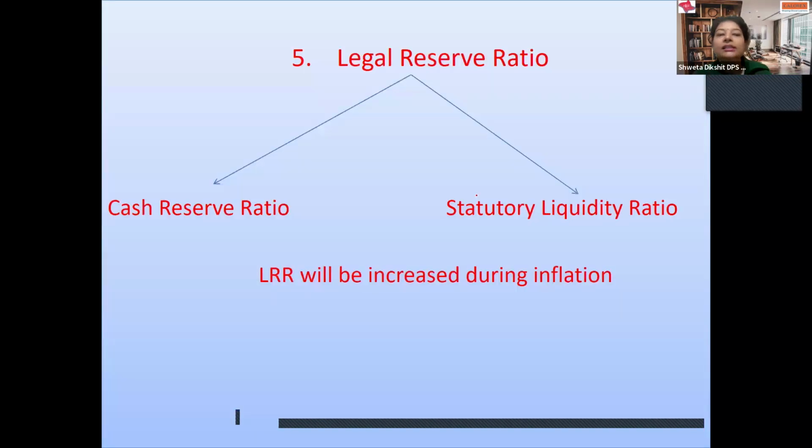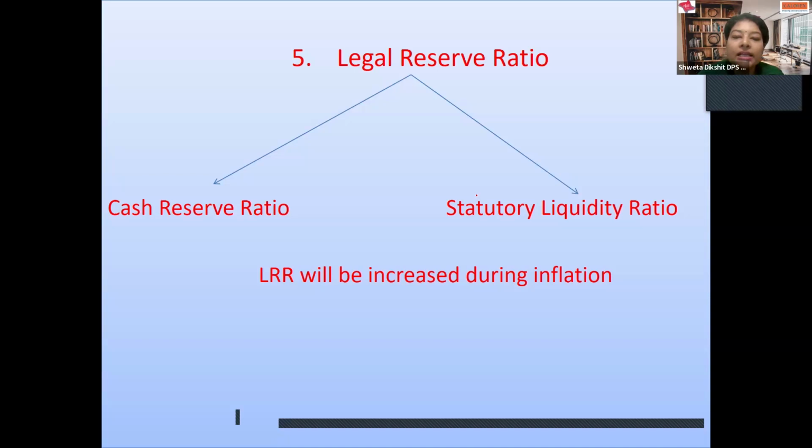It is the ratio of deposits maintained by the commercial banks with the RBI in the form of cash, whereas statutory liquidity ratio is the ratio of deposits which is maintained by the banks themselves, not only in the form of cash but also in kind, like documents or assets or property papers. They can be gold, they can be silver, they can be many other precious metals. So all these things are also reserved in the form of SLR.